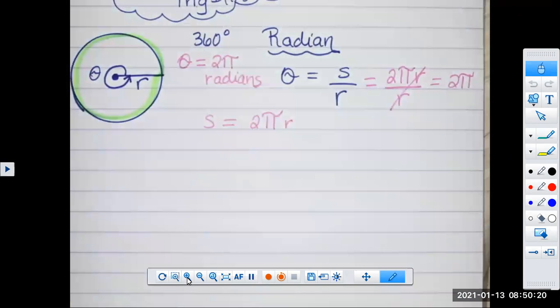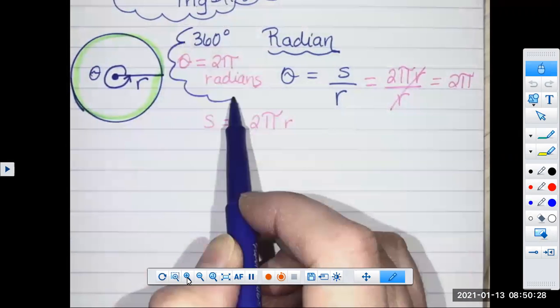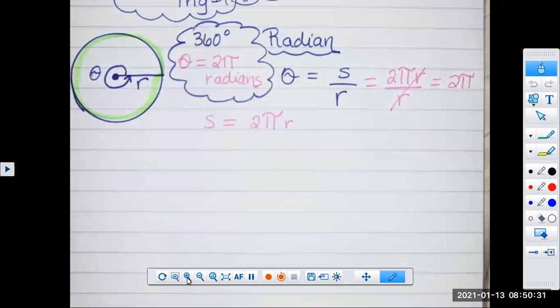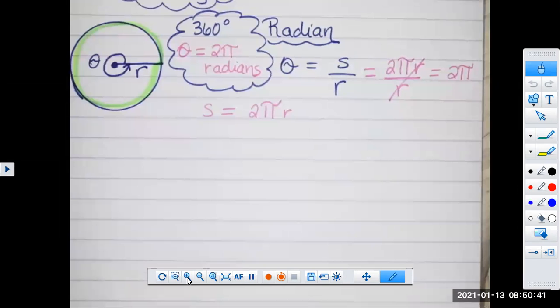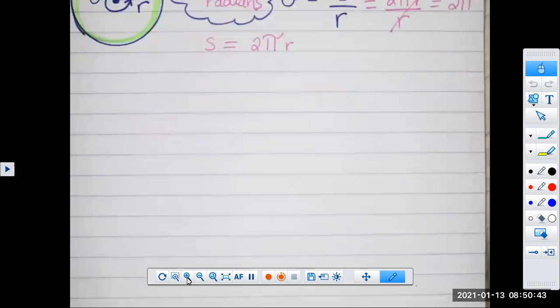So that means, of course, 180 degrees would equal how many radians? Pi. Good. So on the unit circle, that's why you see a complete rotation, of course, is going to give you 2 pi. Halfway around the unit circle is going to give you pi. And that's leading us into the next thing.